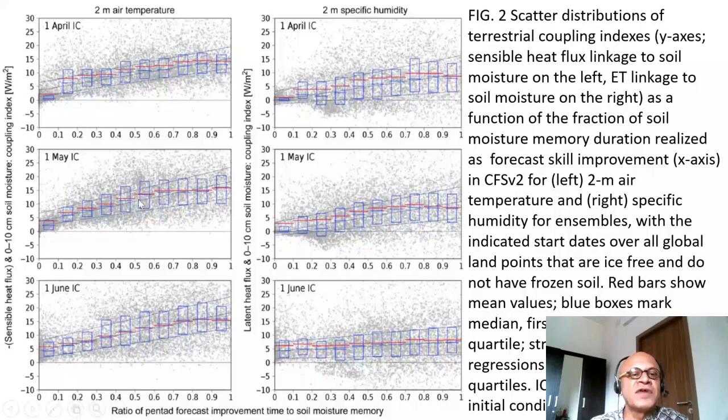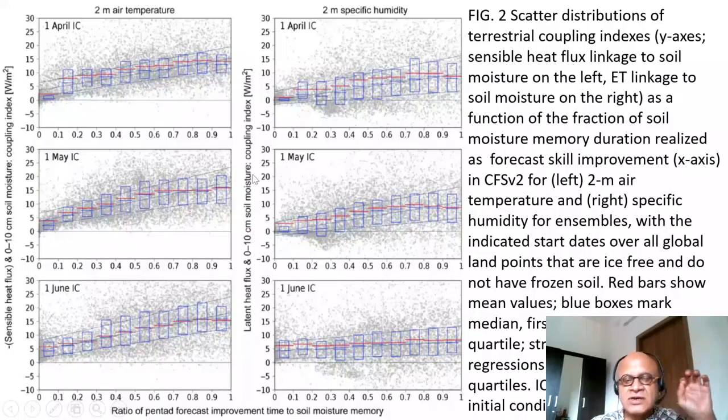Okay, so various initial conditions, 1st April, 1st May, 1st June, to look at the seasonal dependence, for example, of the 2-meter air temperature and 2-meter specific humidity here, looking at the coupling strength of the latent heat flux and the 0 to 10 centimeter soil moisture coupling index in watts per meter squared.